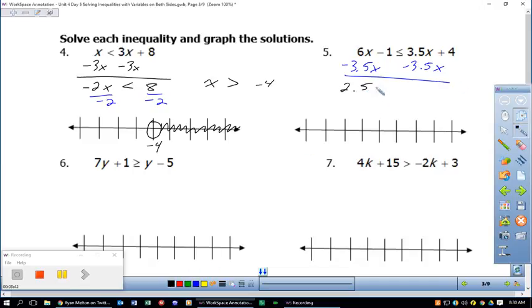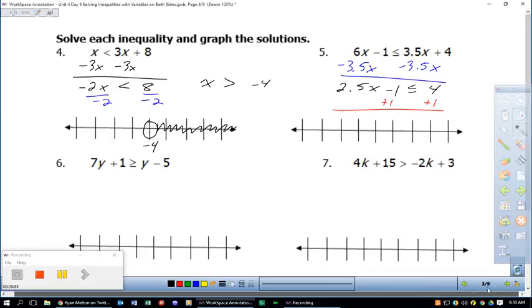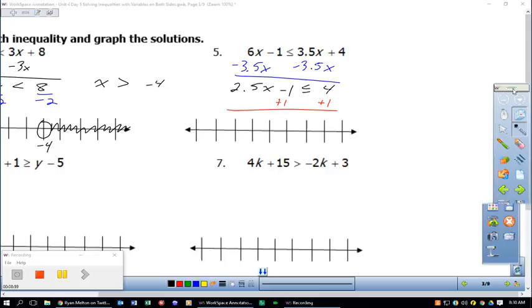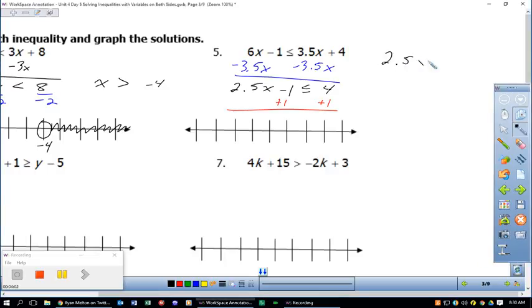You're going faster than I am. 2.5x minus 1 is less than or equal to 4. Add 1. So that is 2.5x is less than or equal to 5.